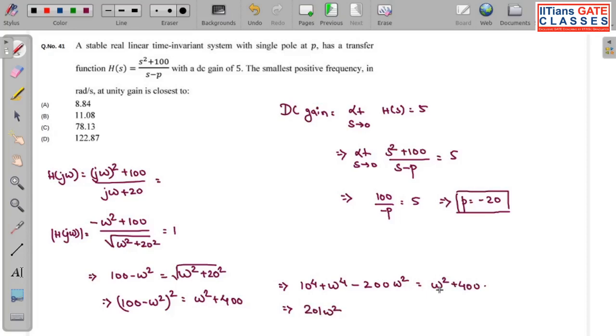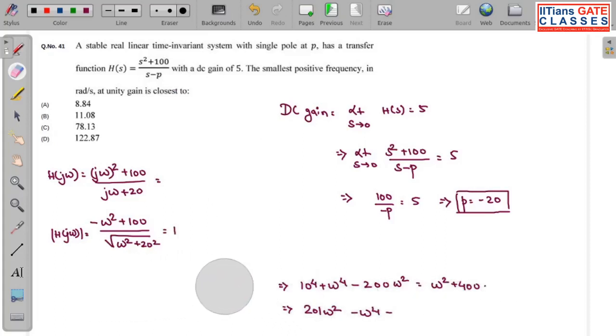Let us not solve this question like this, because this is a quadratic equation and it is coming in a very complex form.